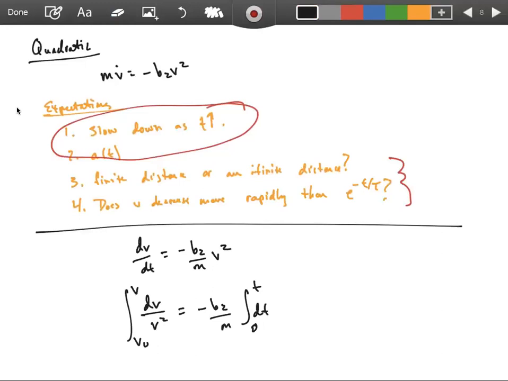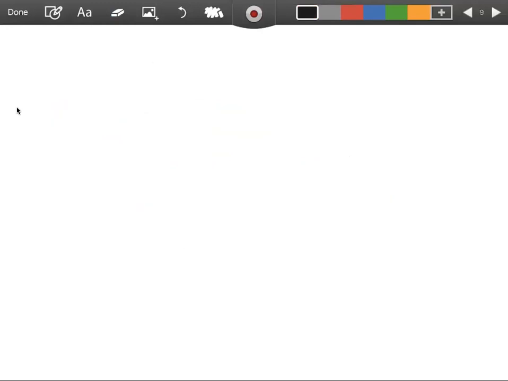So what does my left-hand side become? The integral of 1 over v squared is the same thing as negative 1 over v. I'm going to evaluate that from the initial velocity to the final velocity, and that is going to be equal to minus b2 over m times t. From here, I can cancel out the negative sign.